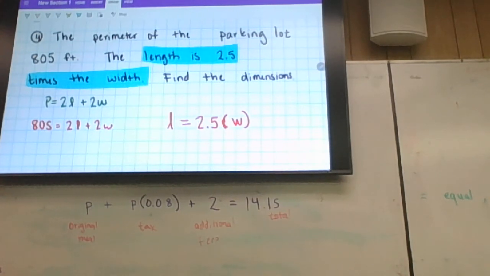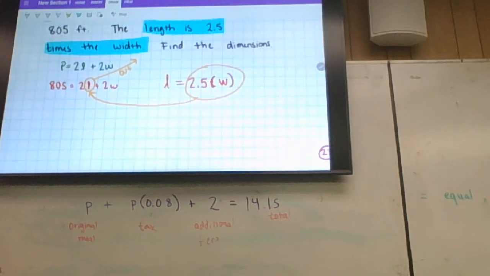So if that's the length, we're going to take this L and we're going to take it out of our problem. We're going to circle this and we're going to put it in. Whew, that's the setup. 4 different word problem setups in one day.